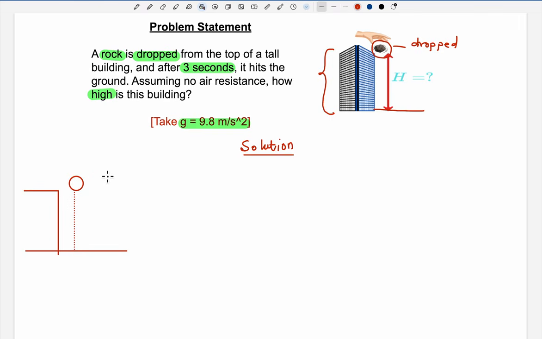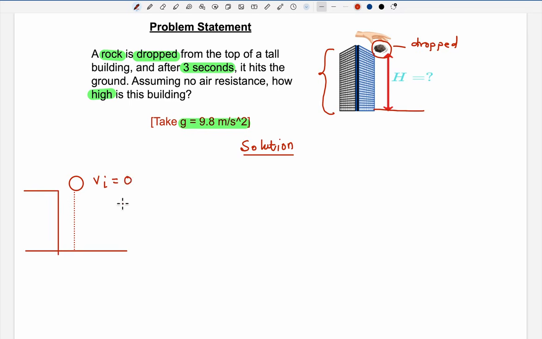Now, there is some key important information in this problem that we need to take. We have our rock here, which is dropped, meaning it wasn't given any initial speed. So the initial speed is equal to 0.